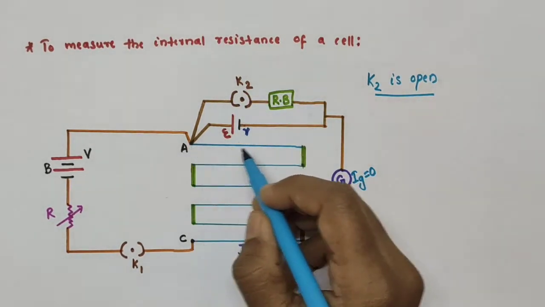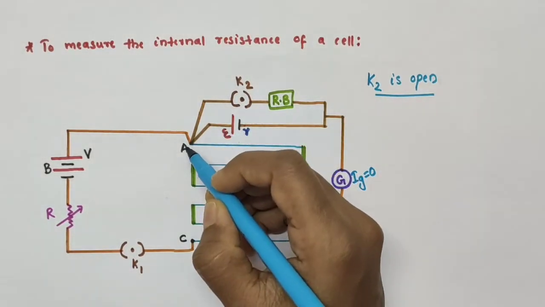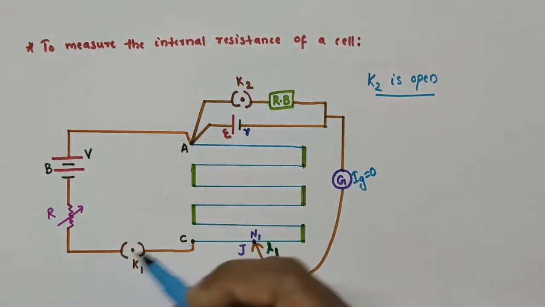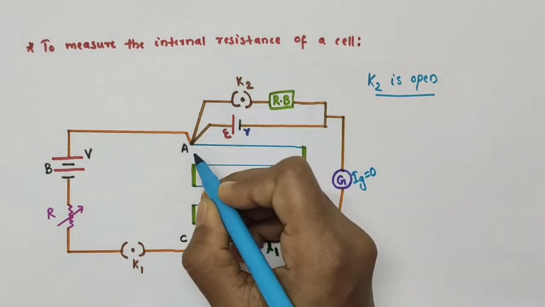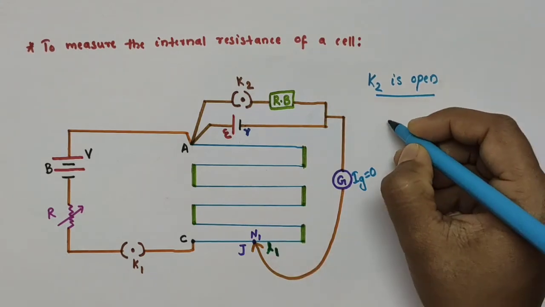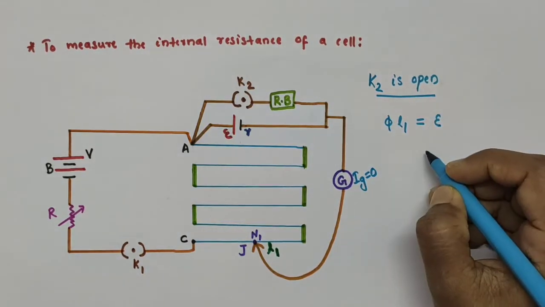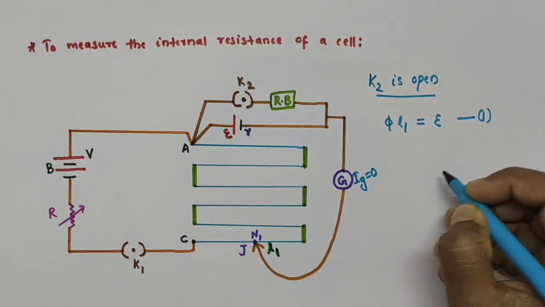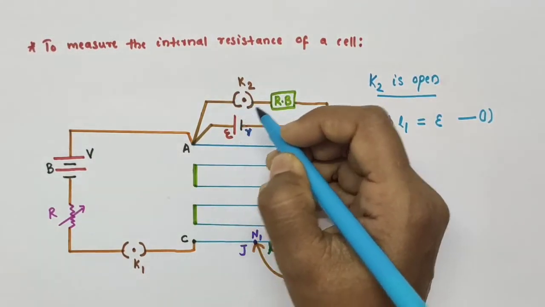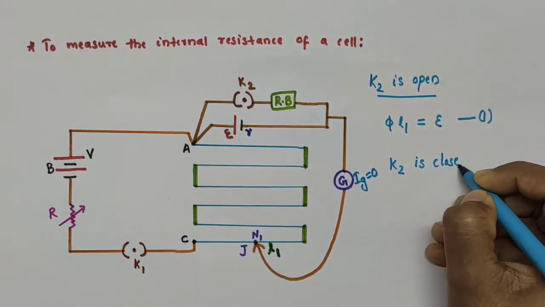So I'm starting my motion from A, coming to this point N1, then G, then E, then back to A. When we consider this loop and apply Kirchhoff's loop rule, just as we applied in the last case, the potential drop along L1 length of the wire will be equal to phi into L1, and that will be equal to E, the EMF E. I am taking this as equation number 1. Now after that, we want to close this key. We want to plug in the key here. So I am considering the next situation when the key K2 is closed.